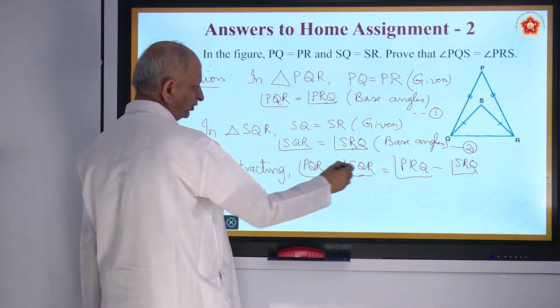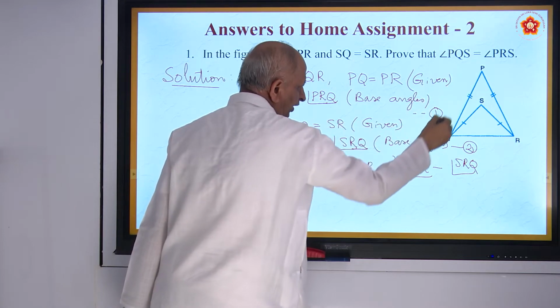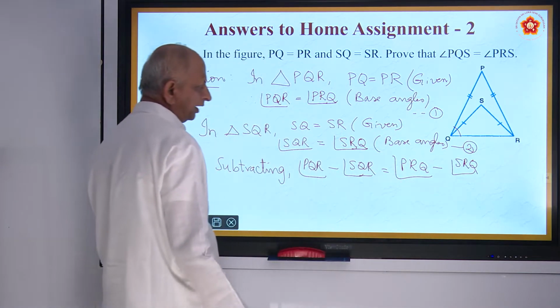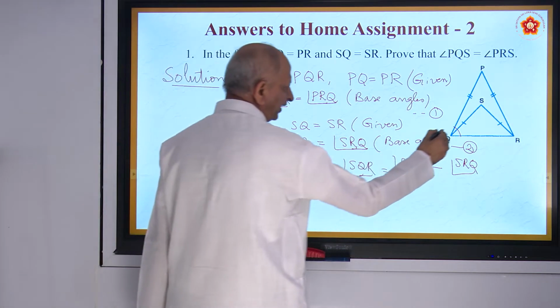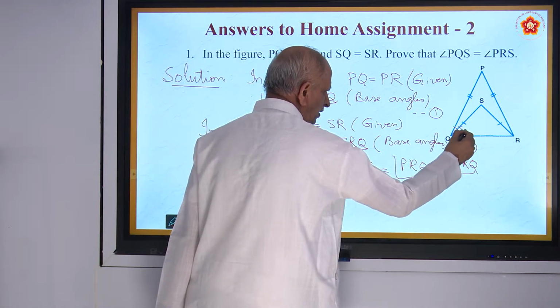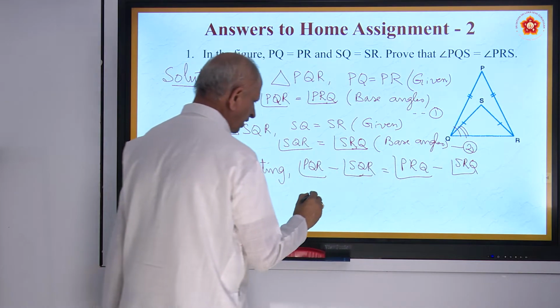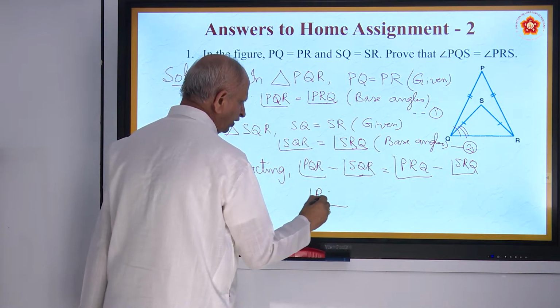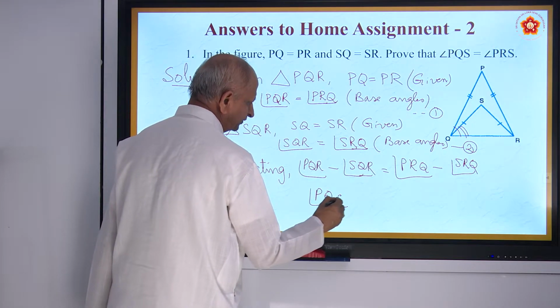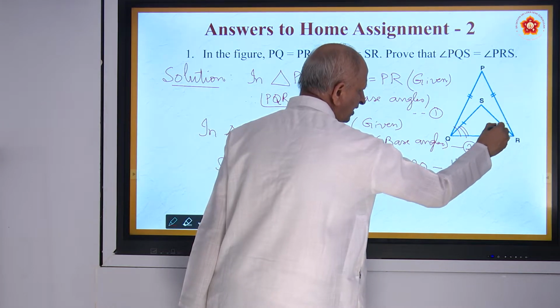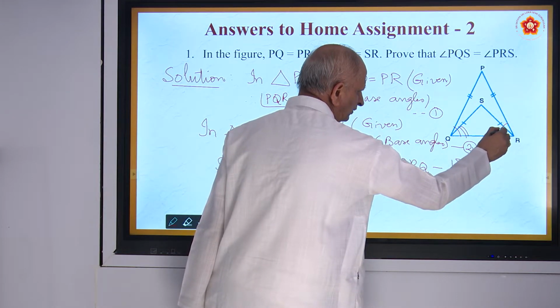Suppose you subtract these two. See here, PQR is the bigger angle. This angle is PQR. In that you are subtracting the smaller angle. Okay, what remains here? You have angle PQS is equal to, similarly here, this is a bigger angle, this is a smaller angle.